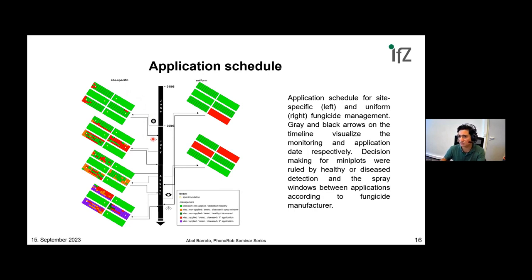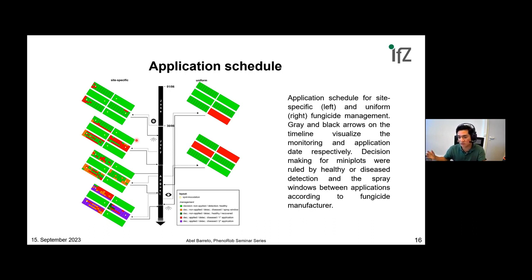We can also observe that for this site-specific application, there are other agronomical factors, for example waiting time from the first to the second application. For example, we apply in the middle of July, and then we again make a disease quantification less than 3 weeks later, and according to regulations in Germany, you cannot apply 2 times in two close time periods.